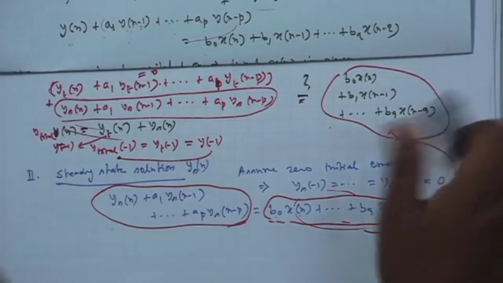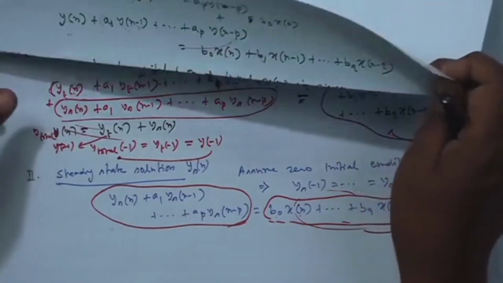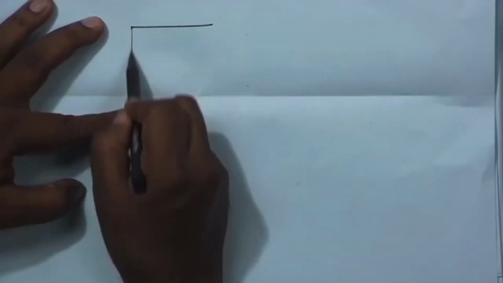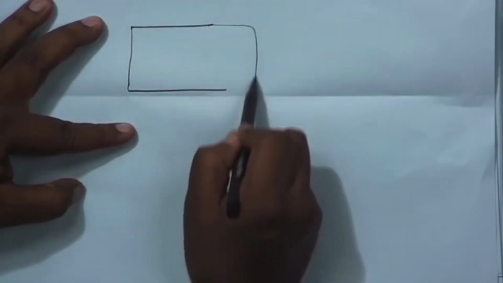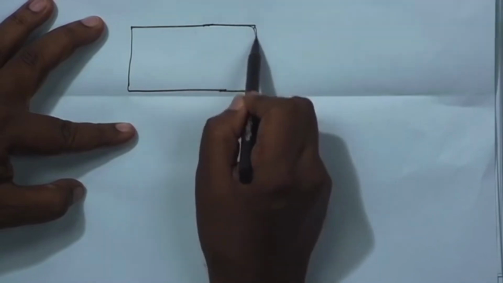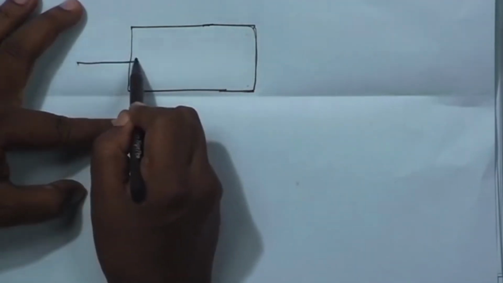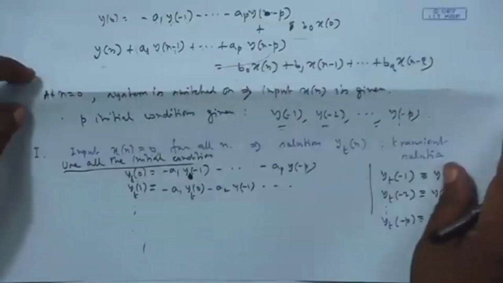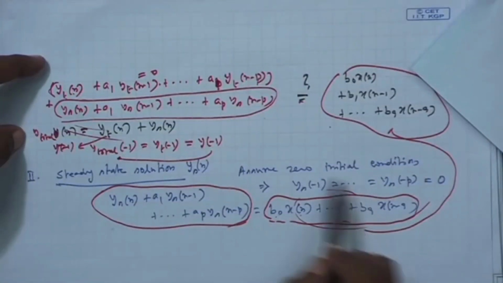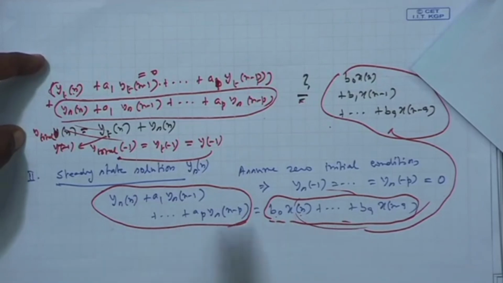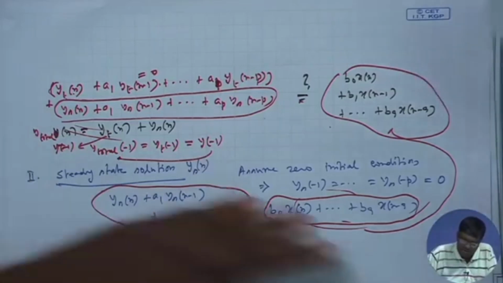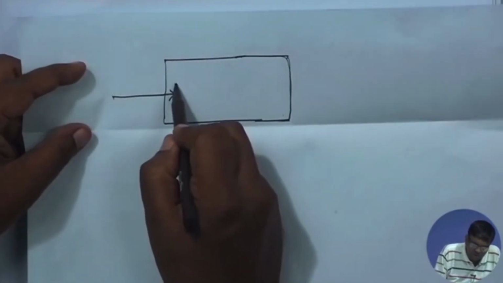Obviously, we can write the solution y total n as the summation of y t n plus y s n. Now, this is your input. See, this steady state solution is obtained by solving this difference equation, which has x n as the input and y s n as the output, the same difference equation but with 0 initial condition.